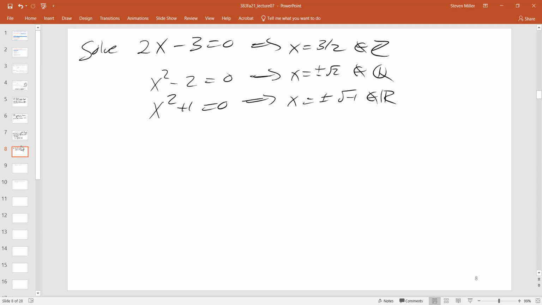And given failure after failure after failure, it's not unreasonable to start to think that if I start looking at polynomials with complex coefficients, maybe I'm going to have to expand beyond the complex numbers to solve. And that's where things are amazing.